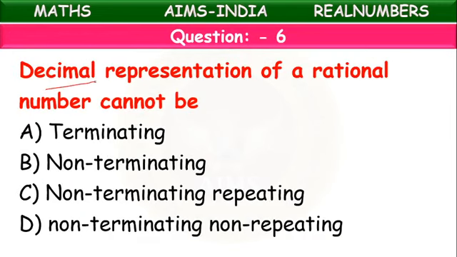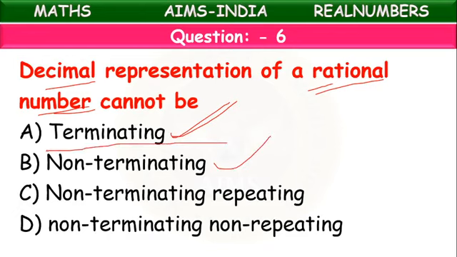Next, the decimal representation of a rational number cannot be... Terminating, okay, it's a rational number. Non-terminating, here the complete description is not given, whether it is repeating or not repeating. So it may become a rational number, it may not.